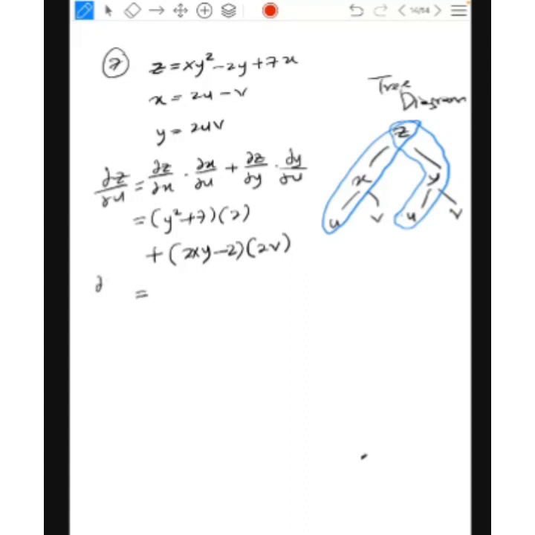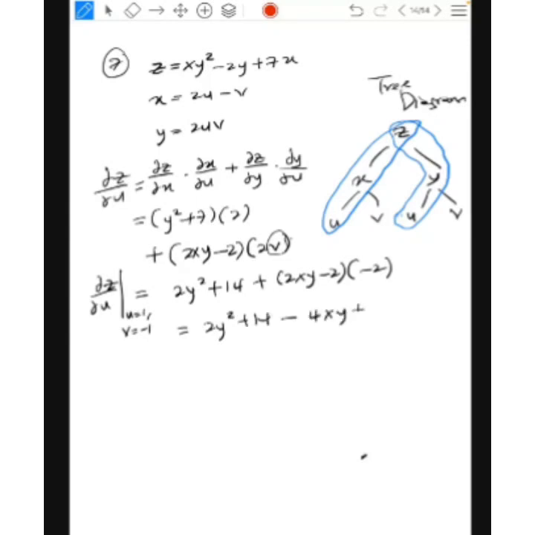The question asks to substitute u equals 1, v equals negative 1. So 2y squared plus 14 plus 2xy times negative 2, because v is negative 1, so multiplying gives negative 2. So that's 2y squared plus 14 minus 4xy.